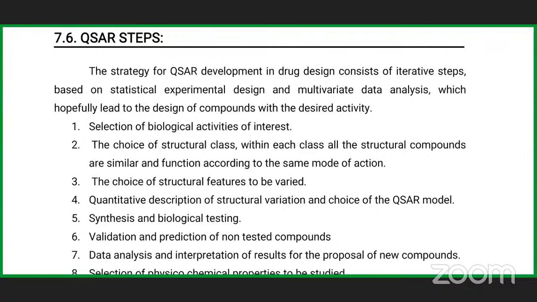So all these are the biological activities here. First you select the biological activity of your interest on which you want to go with this QSR approach. For example, if you are interested in the anti-cancer activity, you search the relevant series of compounds in the literature, and you take those compounds and consider them for that QSR approach.